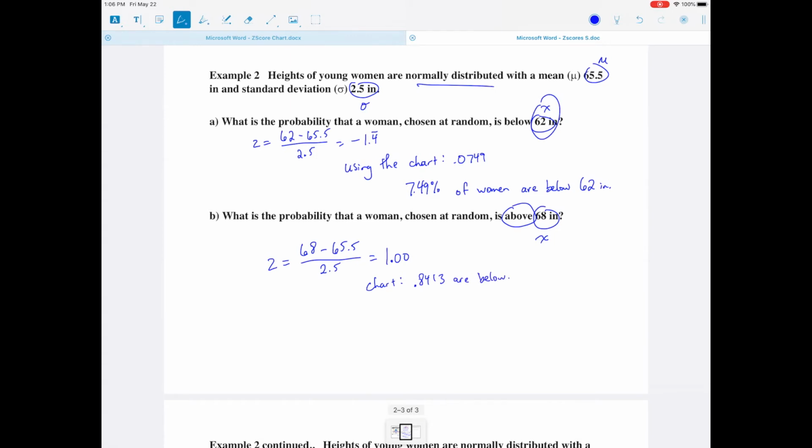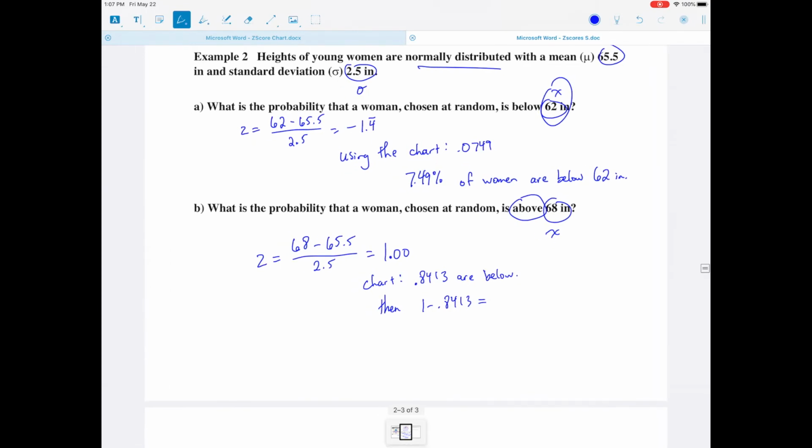So if 84.13% are below, then 1 minus 0.8413 are above. You do 1 minus 0.8413, and you get 0.1587. So 15.87% are above 68 inches.